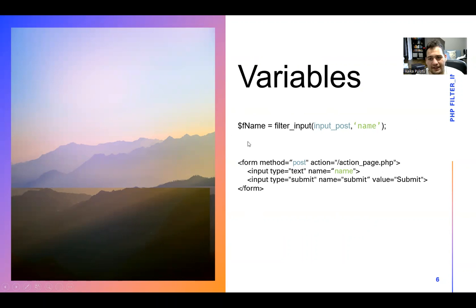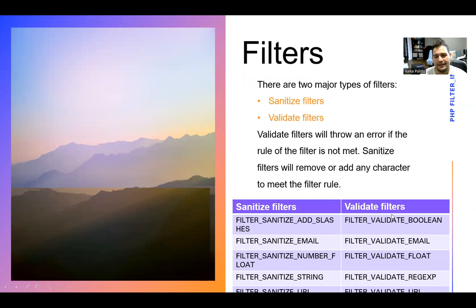So this is asking me to look inside the post input for the variable with name. You should always remember that the name attribute is the variable that you're going to be using.